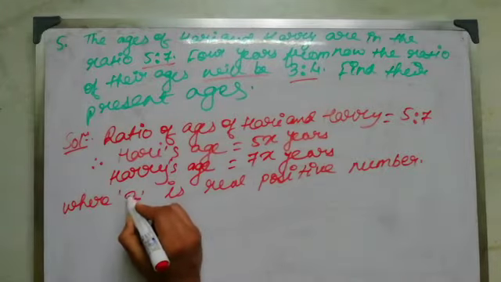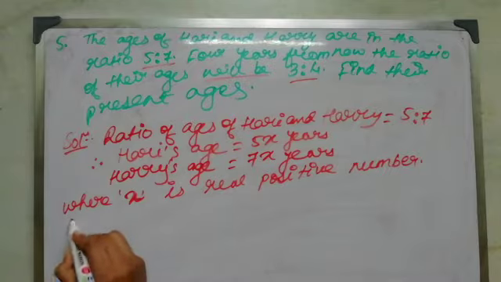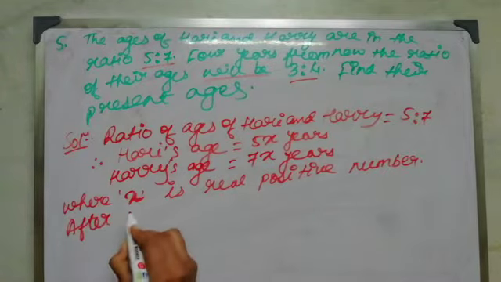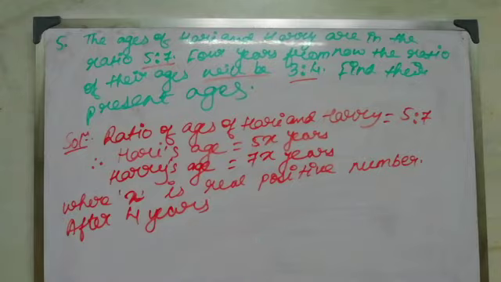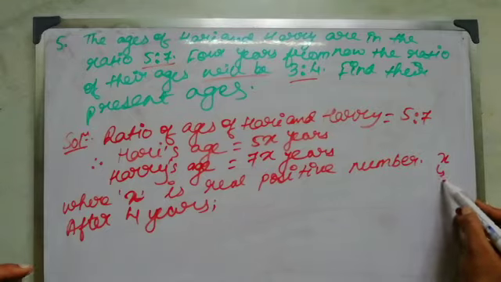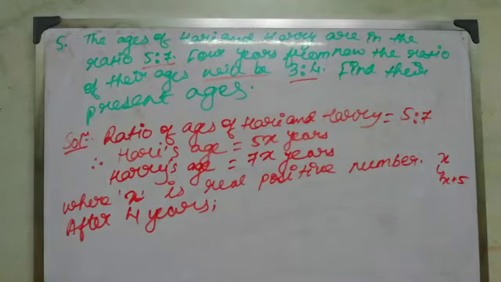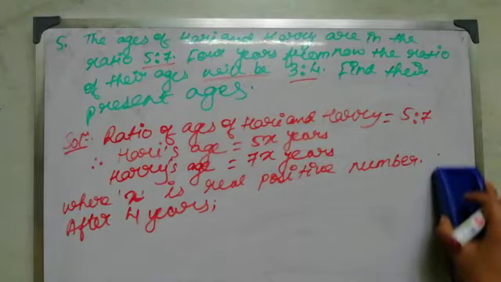Now, this is my present age. After 4 years, obviously their ages will increase by 4, as we have done in sum number 2, right? Remember, Sahil's age was x. After 5 years his age became x plus 5. Similarly here Hari's age is 5x.